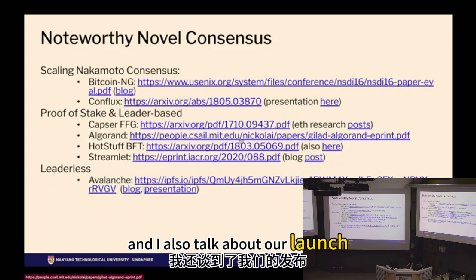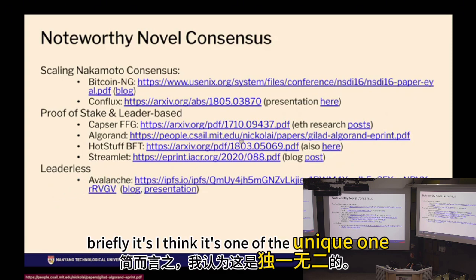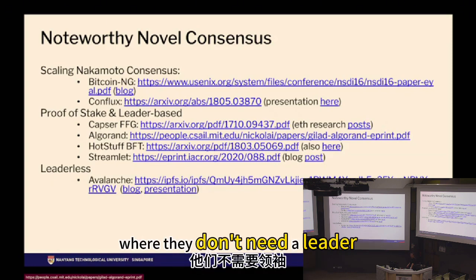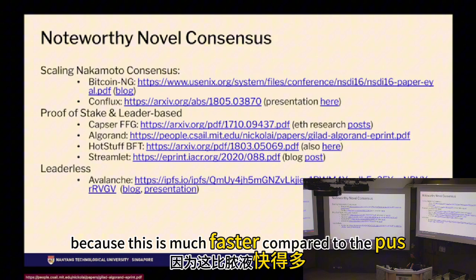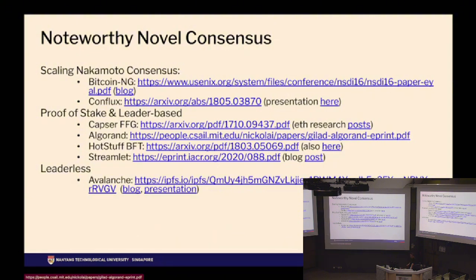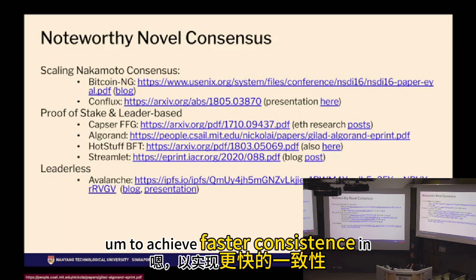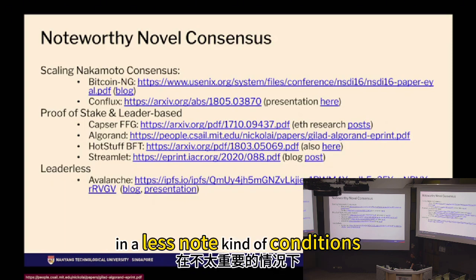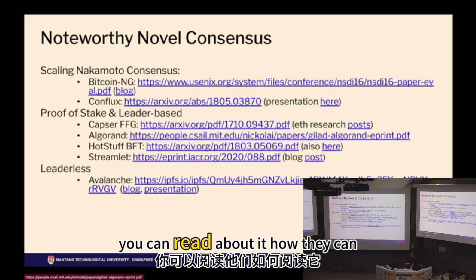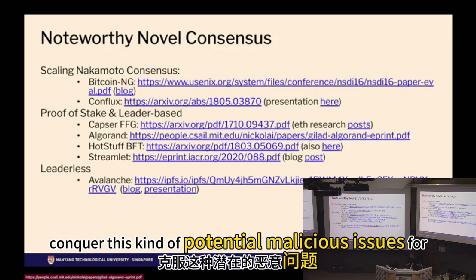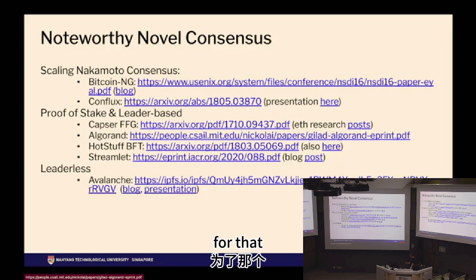I also talked about Avalanche briefly. It's one of the unique ones where they don't need a leader, but they are able to achieve consensus much faster compared to PoS. Basically, they sample some of the nodes to achieve faster consensus with fewer nodes. You can read about how they conquer potential malicious issues.